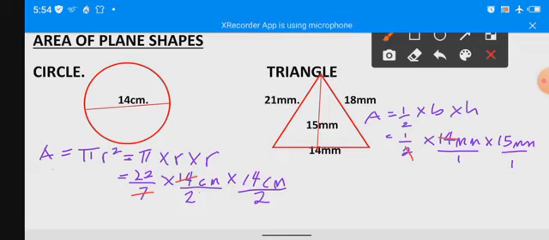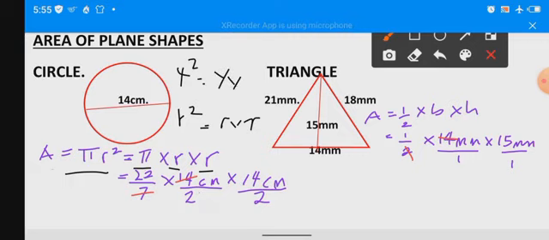To find the area of a circle, we use a formula, which is pi r squared, which also means pi times r times r, just as 4 squared is the same as 4 times 4.